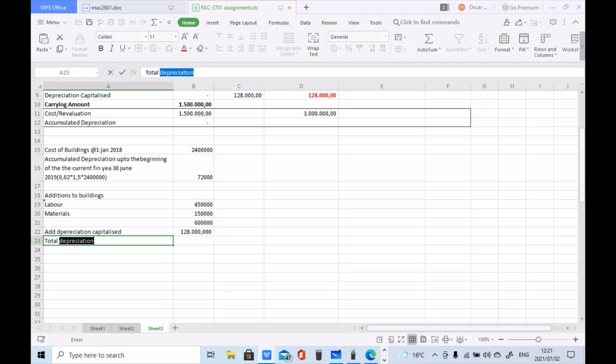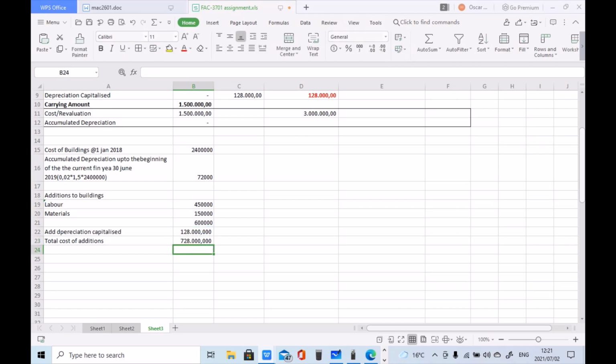This is going to be the total cost of additions. All this is in your workings. Now, the total cost of your additions is going to be the sum of this and that. So your additions have a total cost of that much. But how is that going to help you?